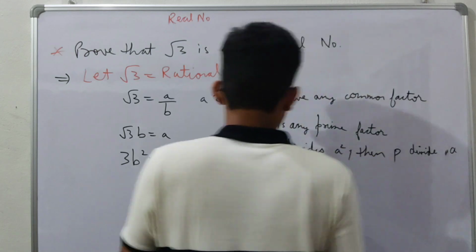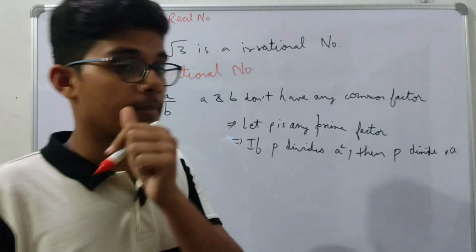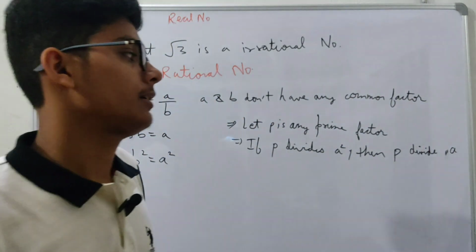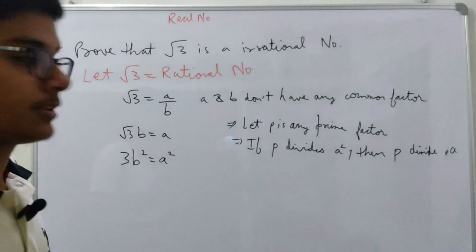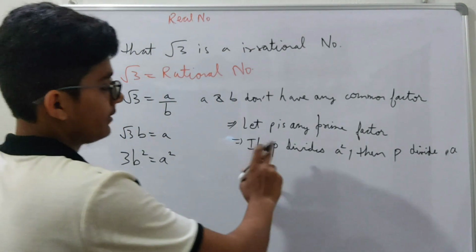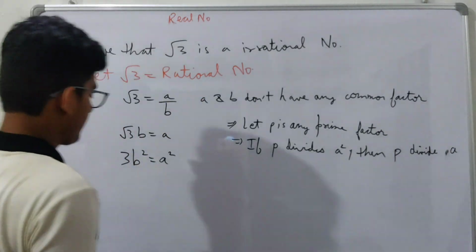This is basically an application of the fundamental theorem of arithmetic, that if p divides a square, then p also divides a. This is a truth, and the condition is that p is any prime factor.